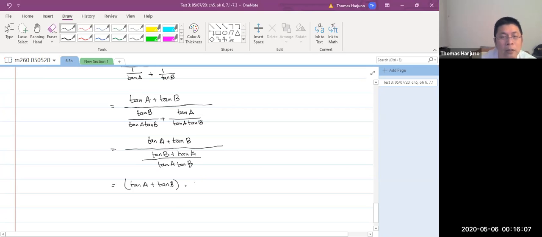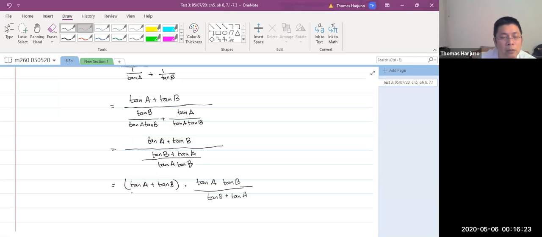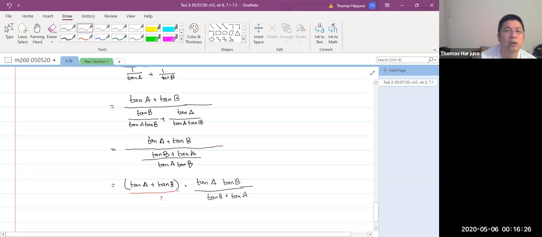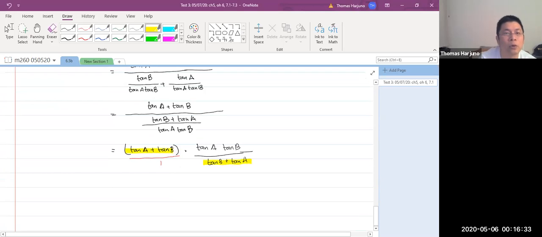Multiply by tangent A, tangent B over tangent B plus tangent A. Notice that this guy here, which is basically over 1, on the top left and the bottom right, are actually the same expression. So they can cancel and we get tangent A plus tangent B, which is our left-hand side.